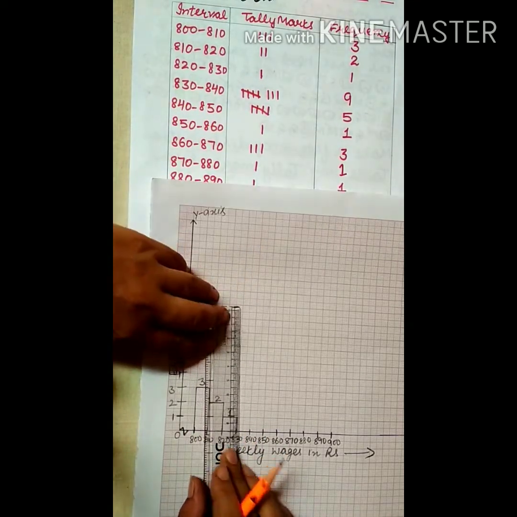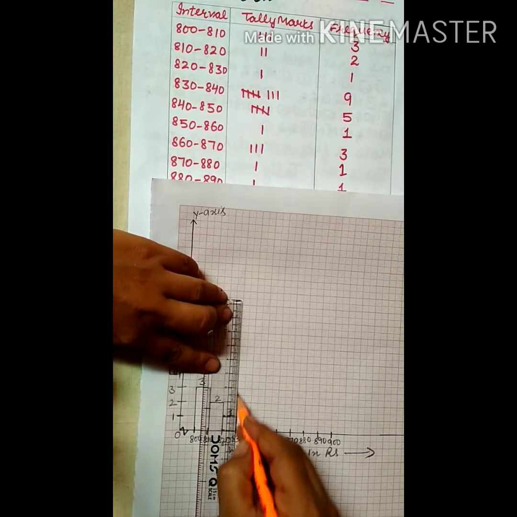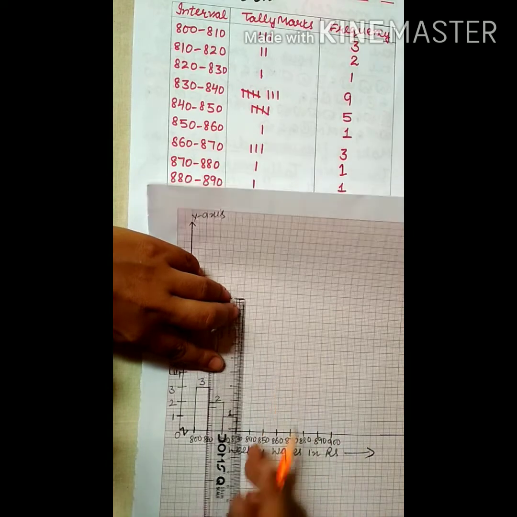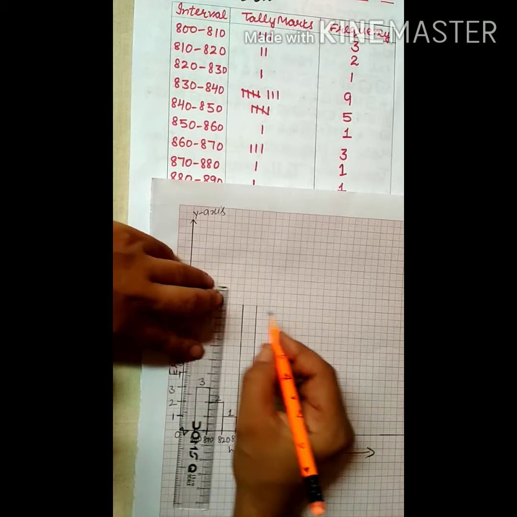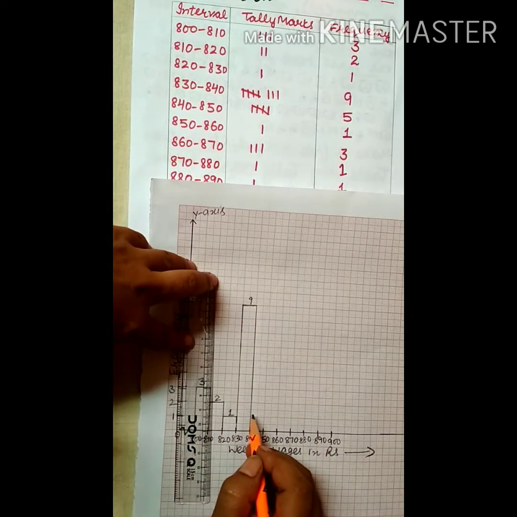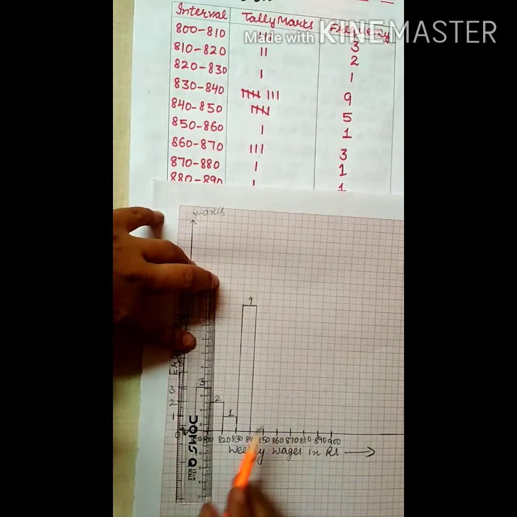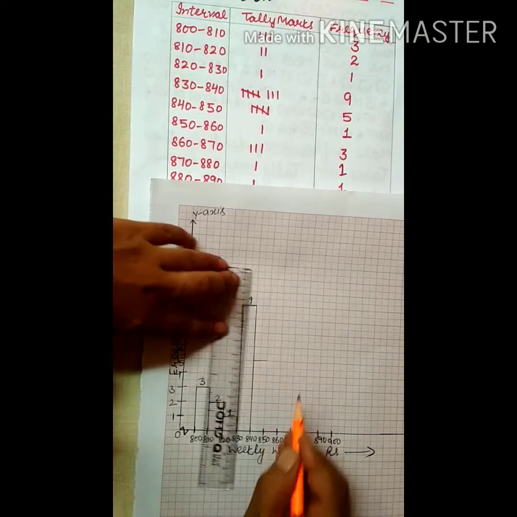So I will draw till 9. I will side by side write down the frequencies always. Then 840 to 850, there are 5 persons. So here this is 5.